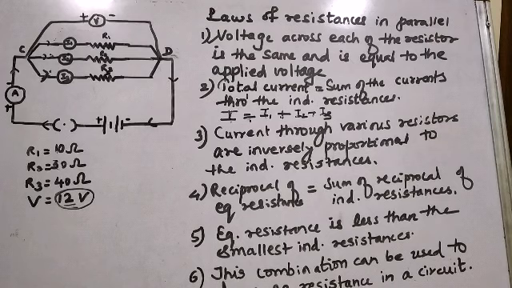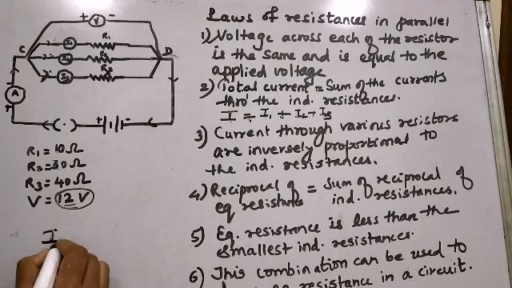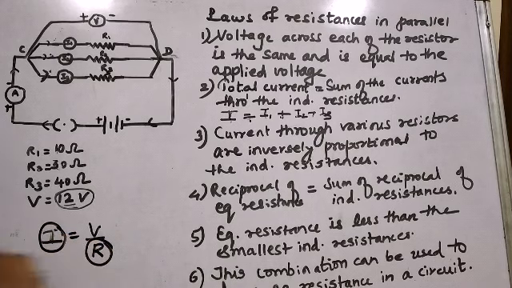Then, the current through various resistors is inversely proportional to the individual resistance. See, what is Ohm's law here? I is equal to V upon R, isn't it? So current is inversely proportional to the resistance, but it is directly proportional to the voltage. That is, when you increase the voltage, current will also increase.